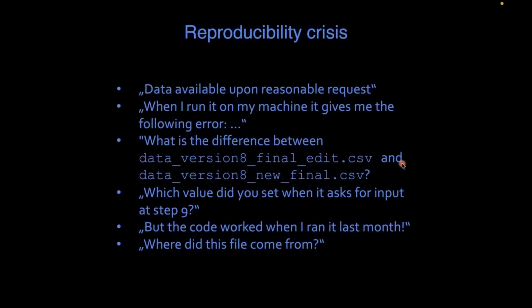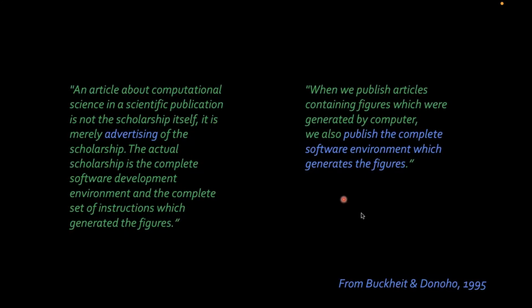So when I run it on my machine, it gives me the following error. This is something that you read daily, basically. When you have a job in computational research, then this happens just always. Or that there are small differences between two digital objects that make all the difference, basically. Often it's really just one parameter value that makes all the difference.